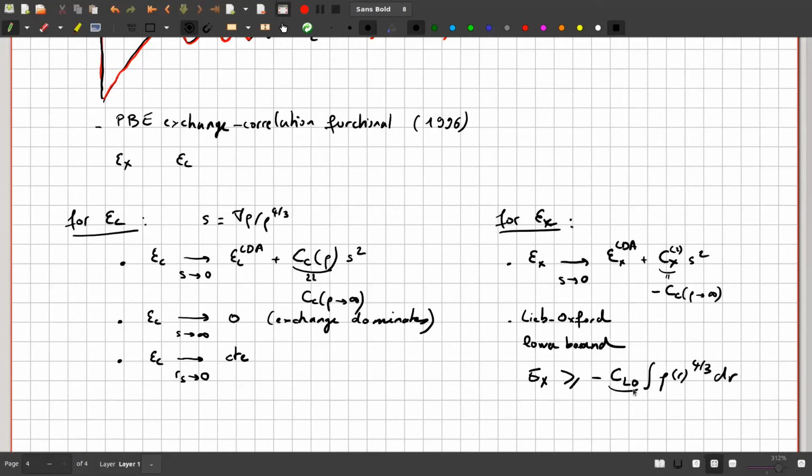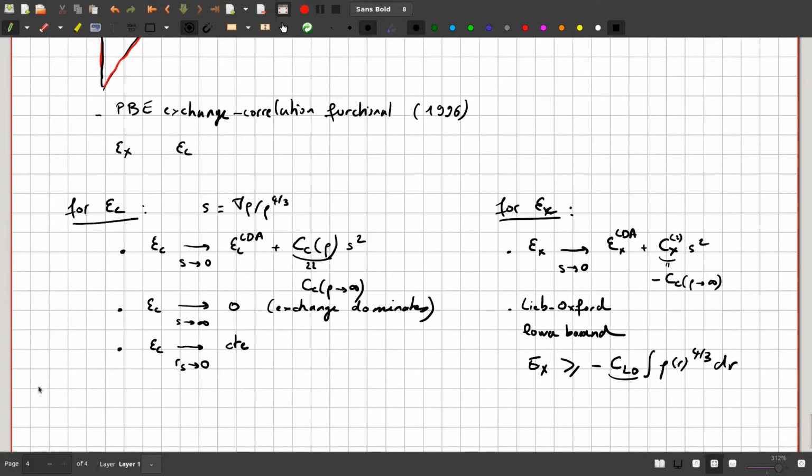Okay, and we know this constant, or at least we have an estimate. And so this was imposed locally, so that we cannot go below that. Okay, and you can find again the actual expression of this functional in the review article. And that's it for the GGAs.